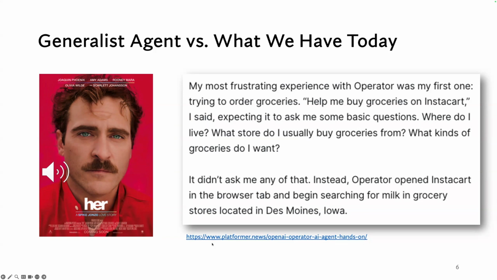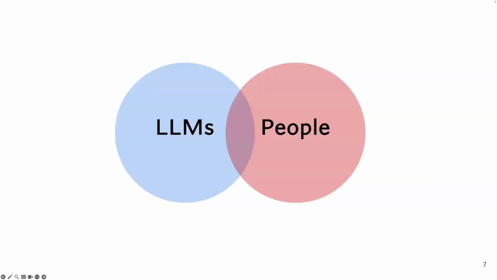I want to use this as a comparison to share that there seems to be some gap between how humans interact with agents and how those agents are built today. So this is a key question that we really need to think about.